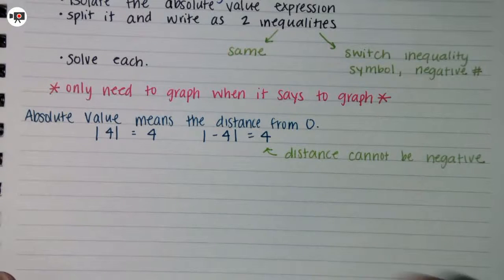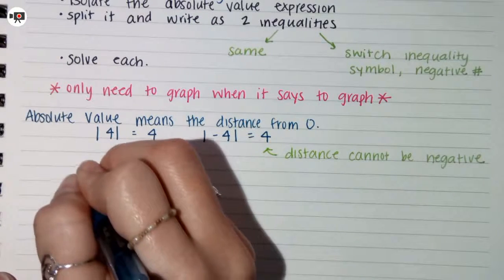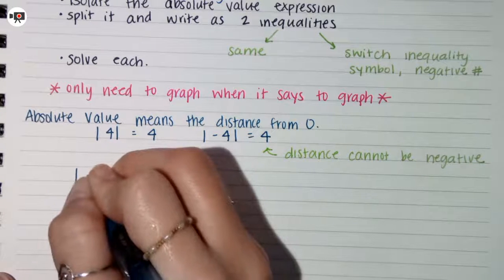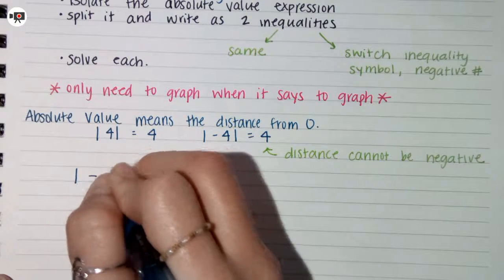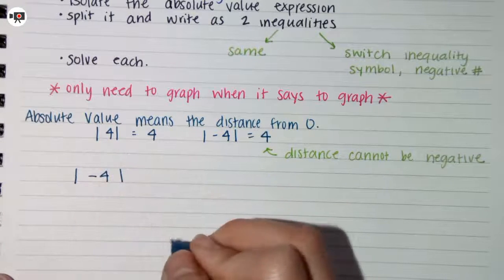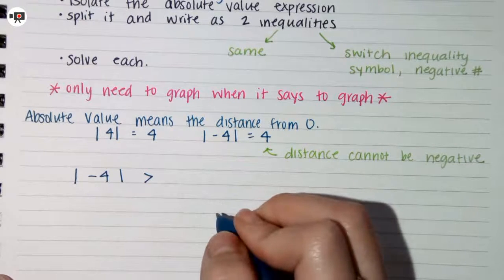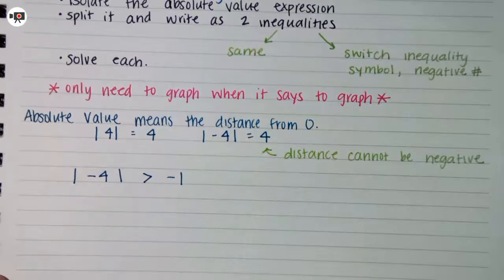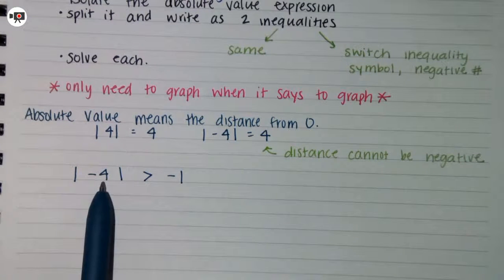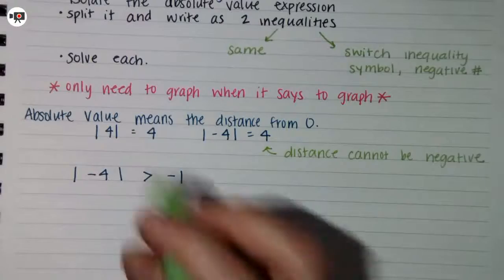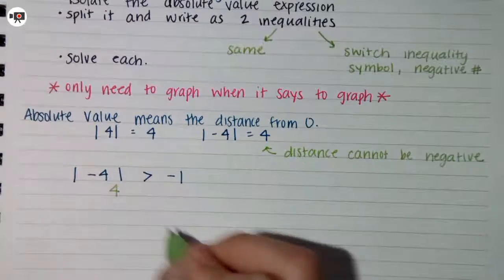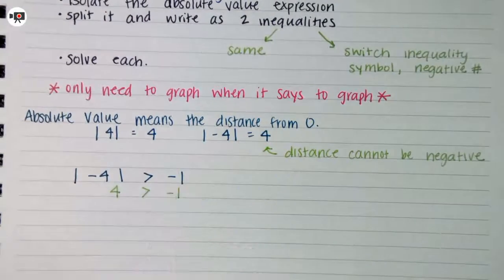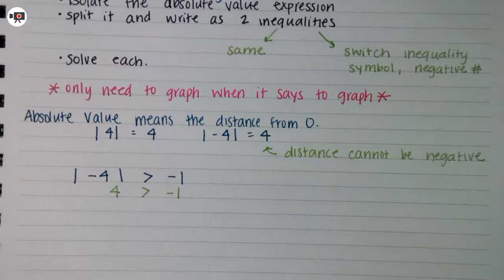If you have something like the absolute value of negative 4 is greater than a negative number, we just choose 1. This means the absolute value of negative 4 is 4 and is greater than negative 1. This is true.